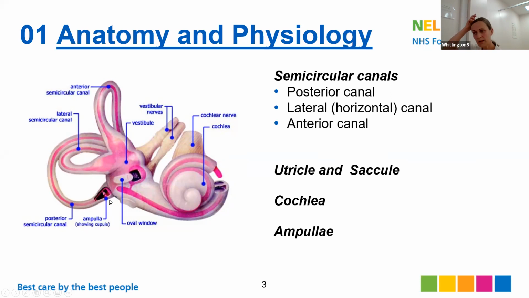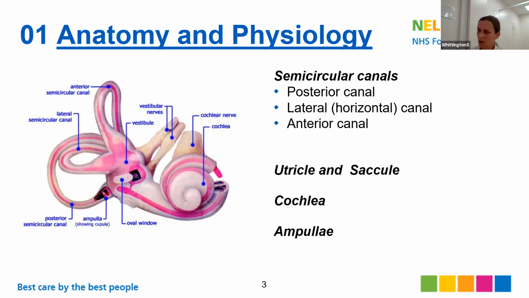They are called ampullae, and they're like little hair cells. Through the motion of the fluid in these canals, these hair cells are bent left, right, up, down, and that impulse is sent to the brain via the vestibular nerve. And the brain then decides where we are in space and if it's happy with that. So this is, in a nutshell, how this works.